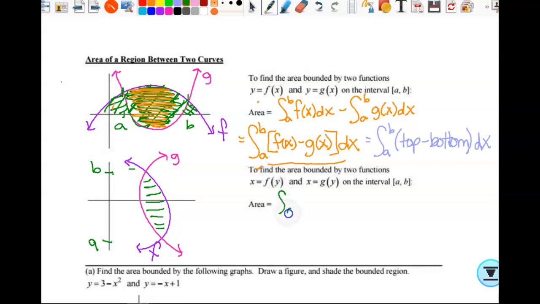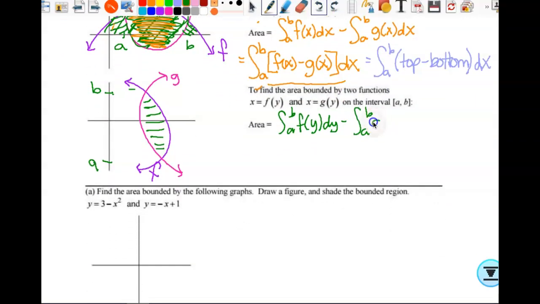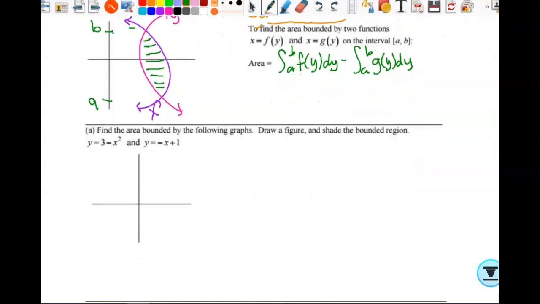So this would look like this. The integral from A to B of F of y dy minus the integral from A to B of g of y dy, which again we could write together because the A's and B's are the same.